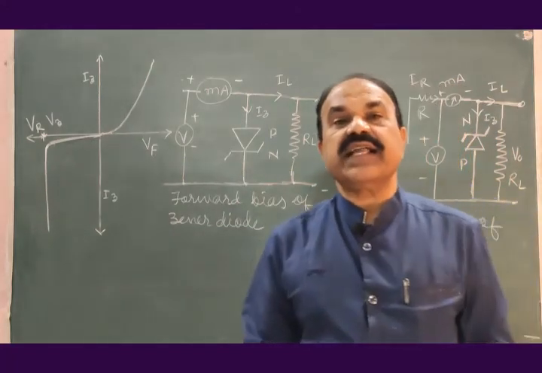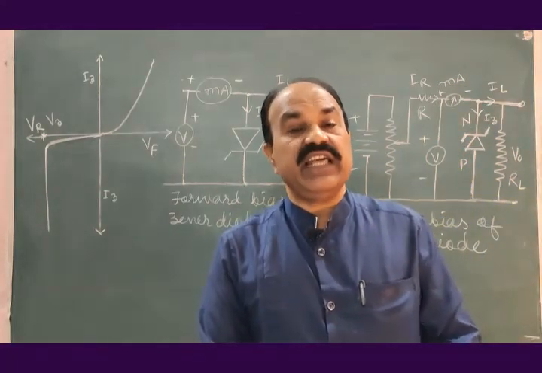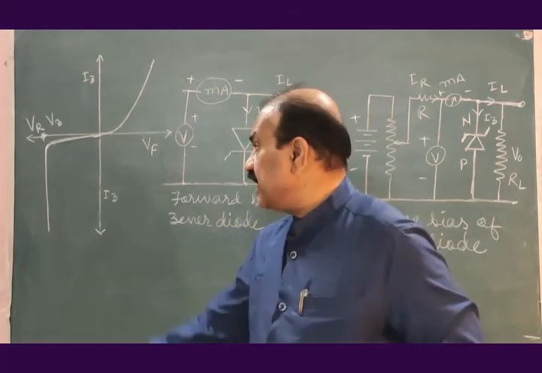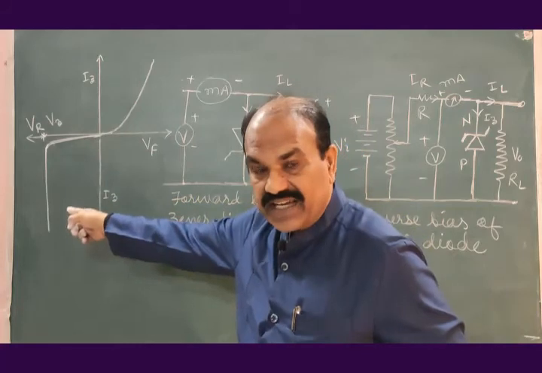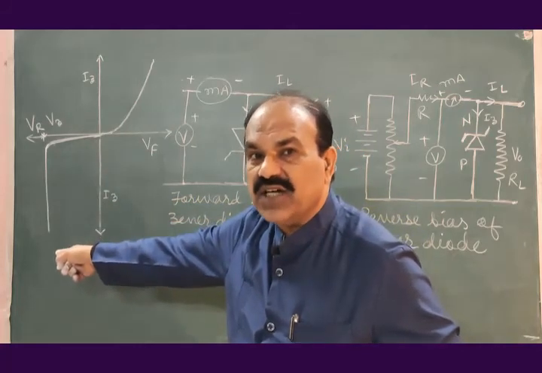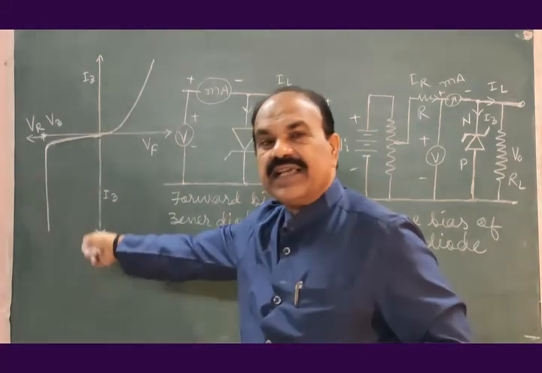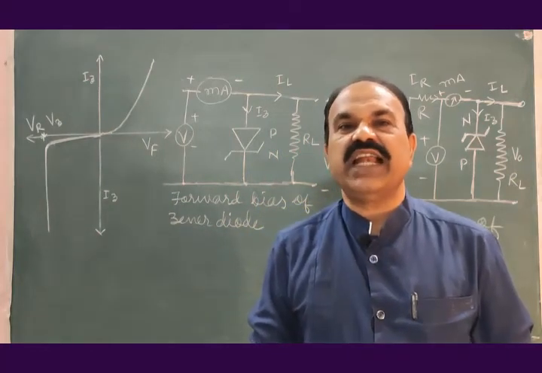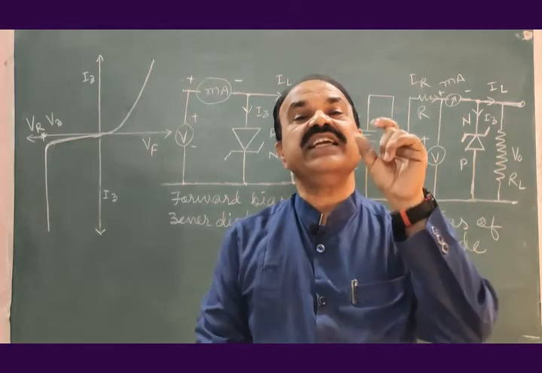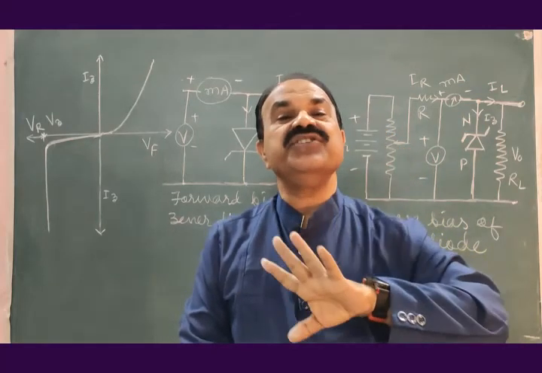As current is rising very rapidly, which can be seen from the VI characteristics of the Zener diode in breakdown, exactly parallel to the y-axis, it means that current is rising very rapidly without increasing any voltage in the breakdown.